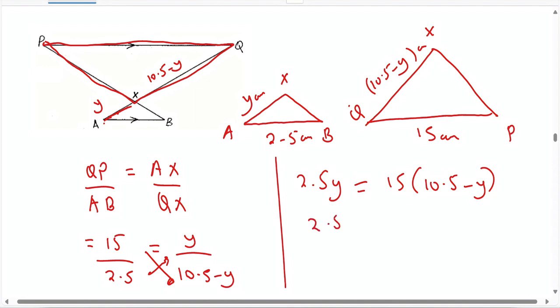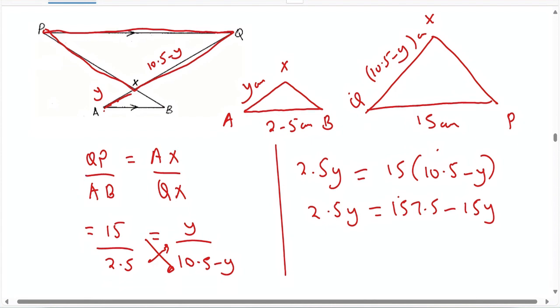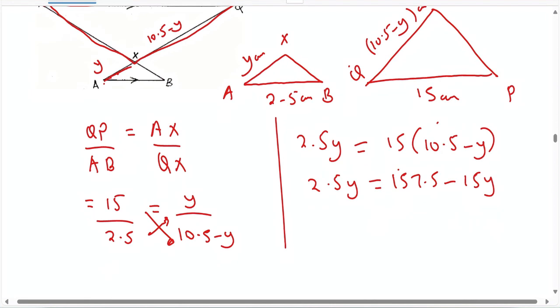So 2.5Y, open up brackets, so 15 times 10.5. Chukua calculator yako, andika 157.5. So 157.5 minus 15 times Y, 15Y. So collect the like terms. And how do you collect it? Negative 15Y peleka kwa 2.5, therefore hapa itakuwa plus 15Y.